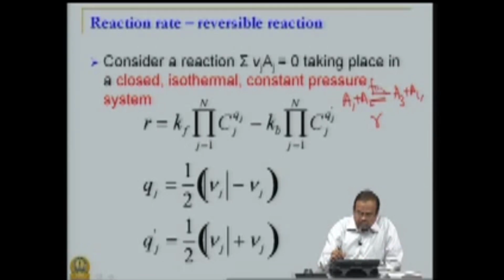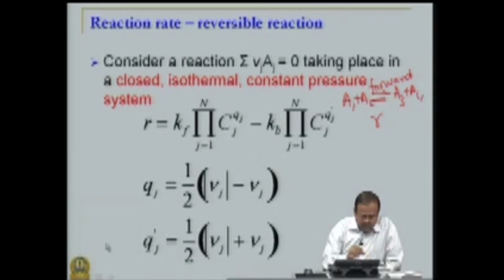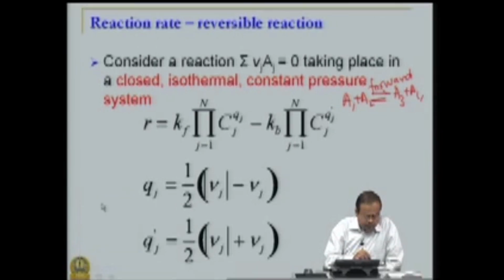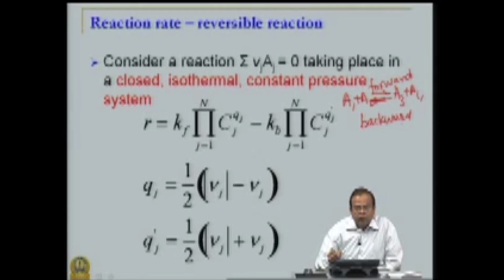We call this reaction the forward reaction. So, this is my forward reaction, that is left hand side to right hand side, and this is my backward reaction, from right hand side to left hand side.